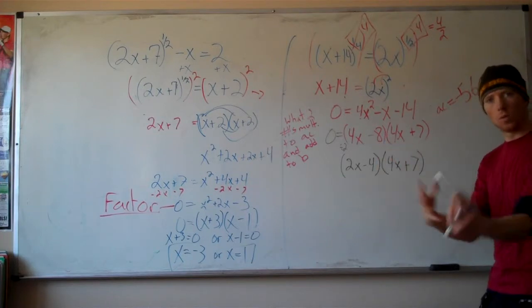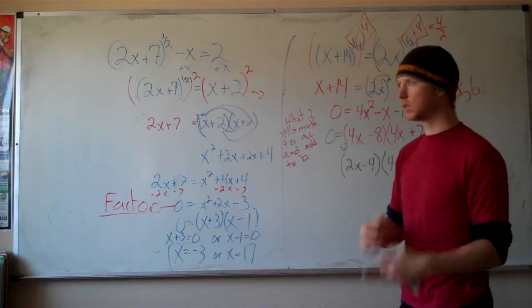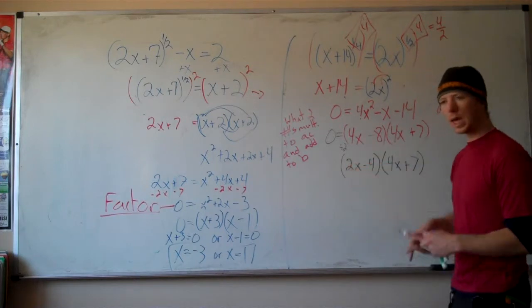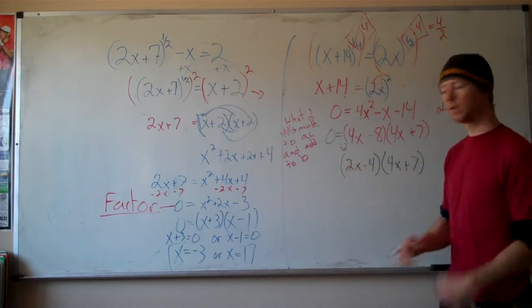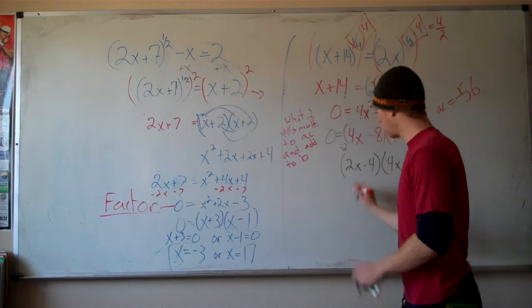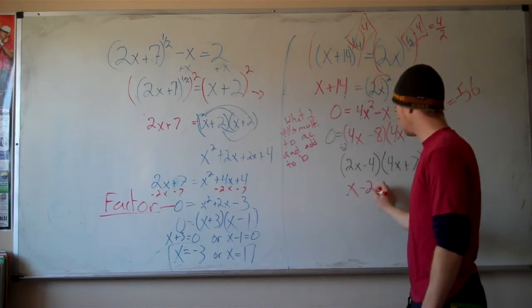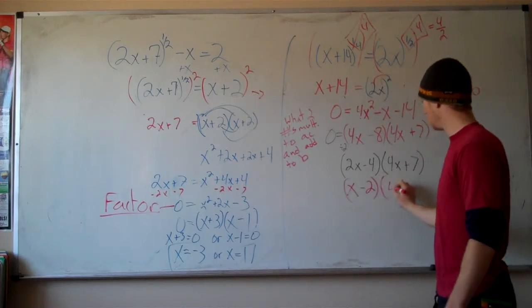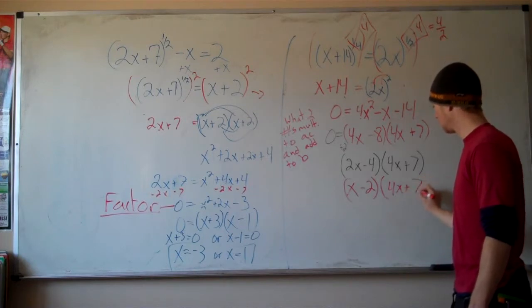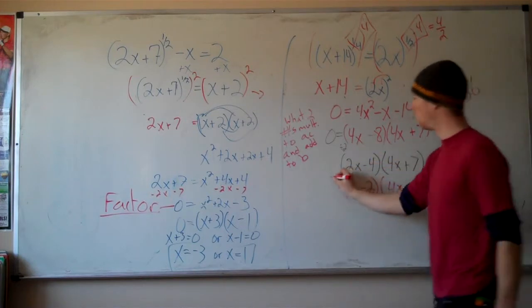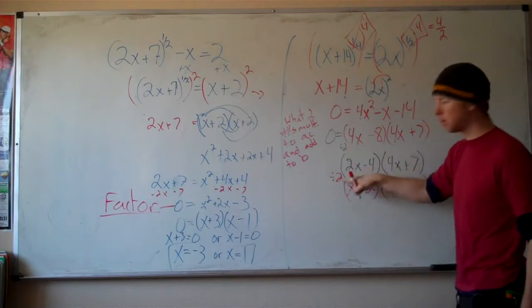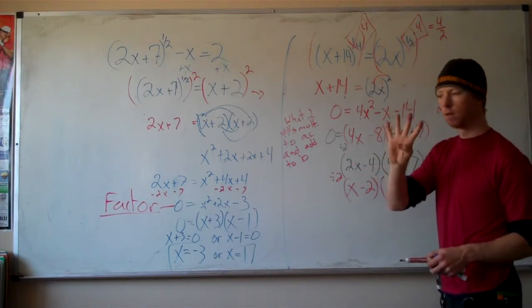And then we see the 2 as a factor, but then we can look again and say, hey, there's still a 2 as a factor. So we'll do it one more time and end up with x minus 2 times 4x plus 7. Now this could be done in one step by, instead of dividing by 2 twice, dividing by 4.